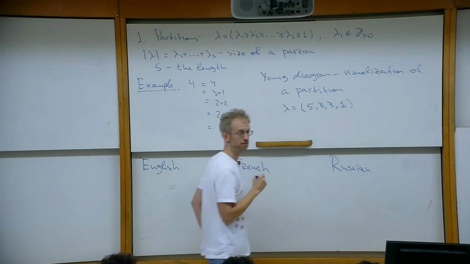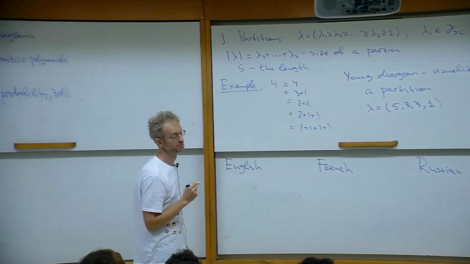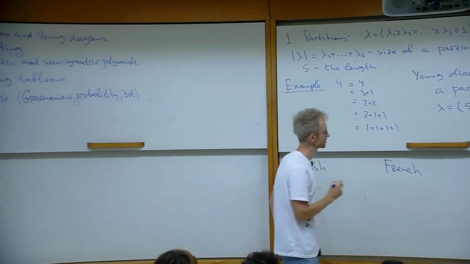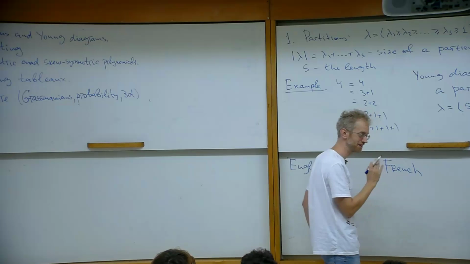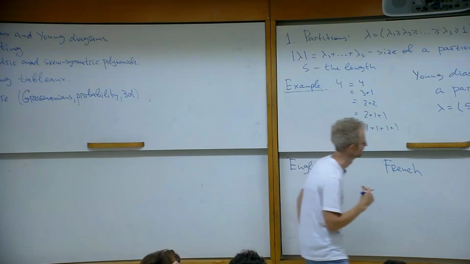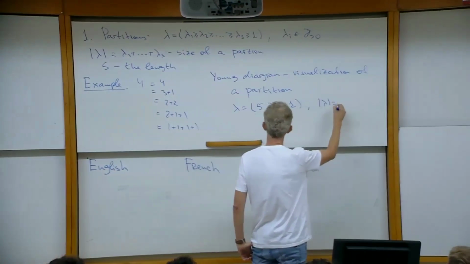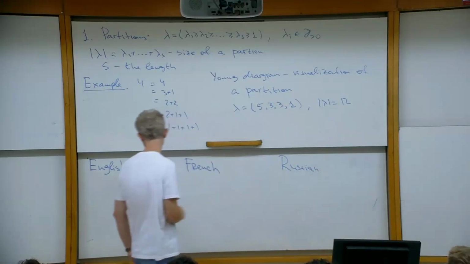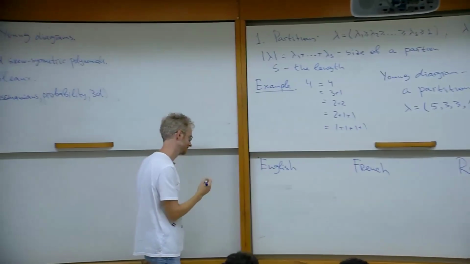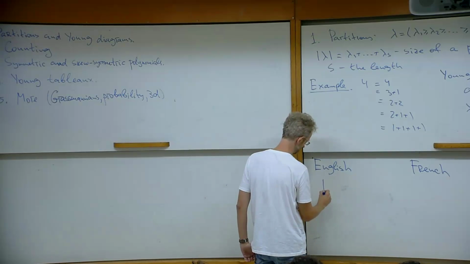The difference between the visualizations is going to be just rotations or reflections, something like this. So it's not really important, but in some applications, it does make sense to use one or the other. So here, this is the partition of the number 12. And how would we write it here? So the English notation is like this.